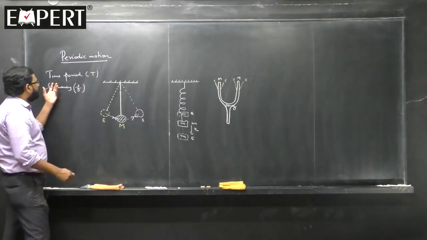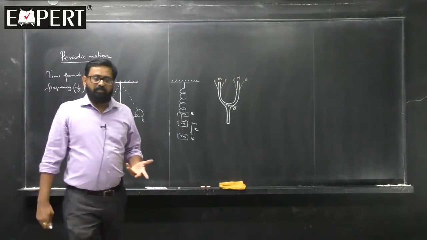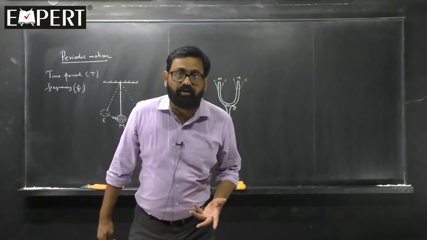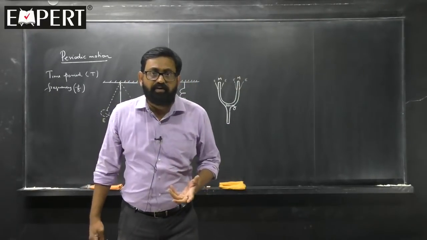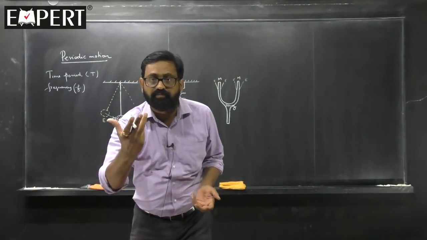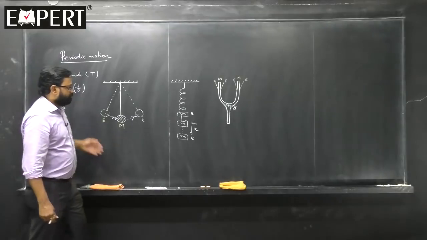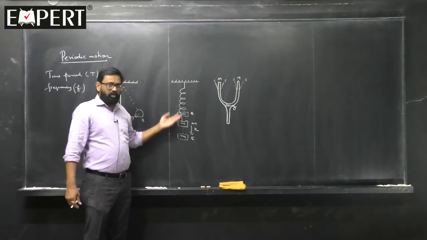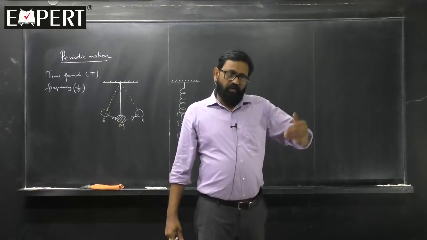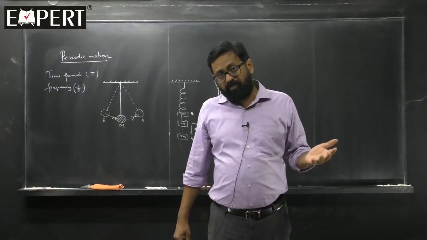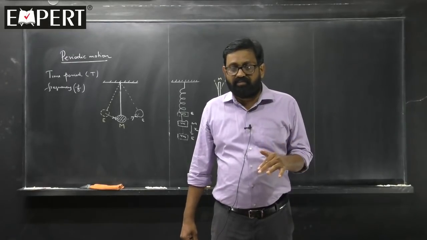What do you mean by time period of a periodic motion? Very simple. The time taken to complete one revolution, or one rotation, or one oscillation, or one vibration. If I proceed further with many other examples, we can come across something called cycles.